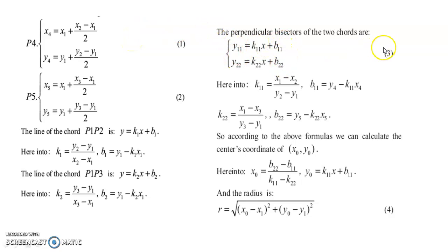These are some basic formulas we learned in geometry. The perpendicular bisectors of the two chords are y = k1x + b1, which is nothing but y = mx + c. After some calculations, we get the center coordinates, and r is the formula to find the radius.